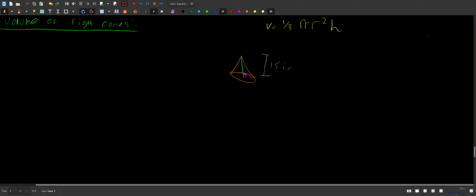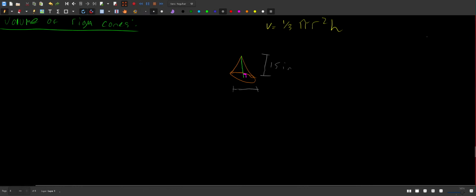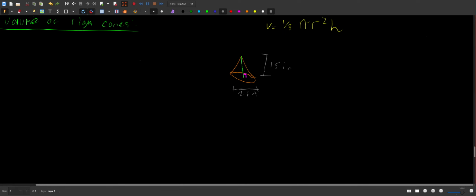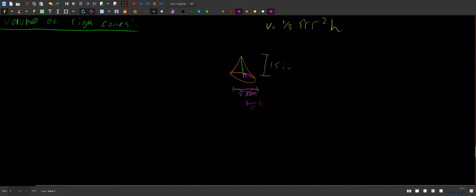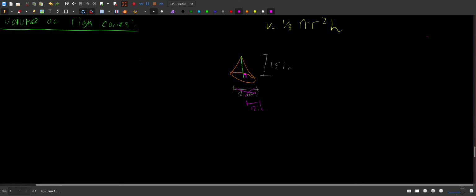The radius is going to be, actually, no, let's do the diameter, equal to 2 feet. So 2 feet here, 15 inches here. Let's just convert that. The radius is going to be equal to 1 foot or 12 inches. And let's say it's asking for inches.